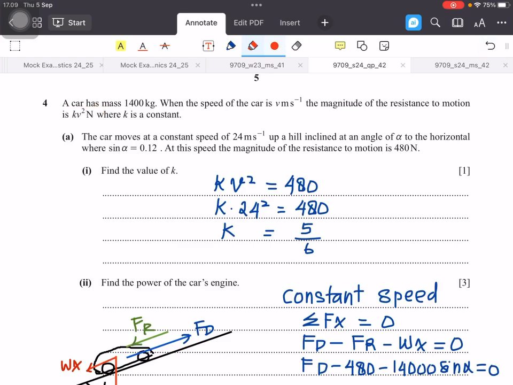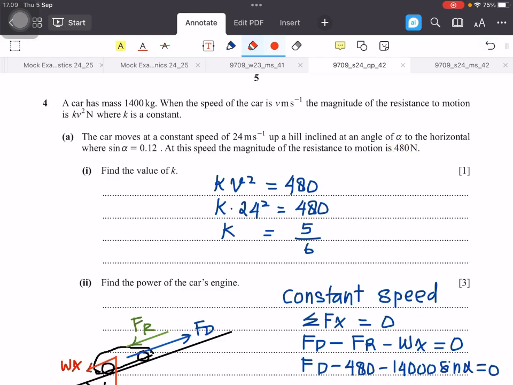The car moves at a constant speed of 24 meter per second up a hill inclined at an angle of alpha to the horizontal, where sine alpha is equal to 0.12. At this speed, the magnitude of the resistance to the motion is 480 newtons.